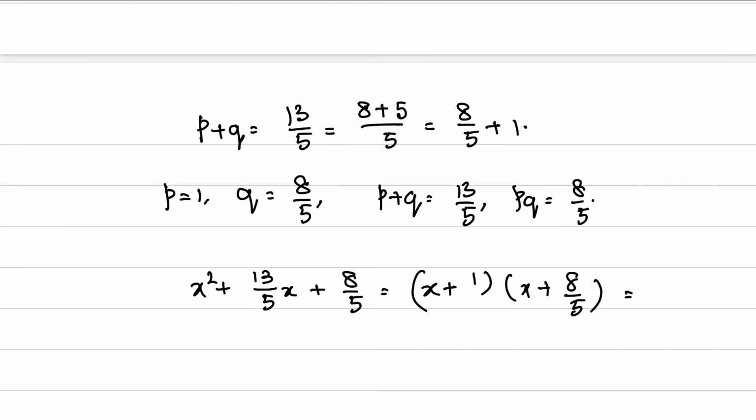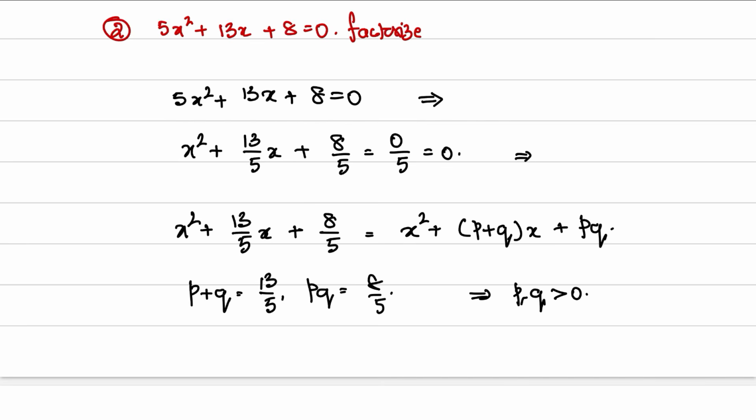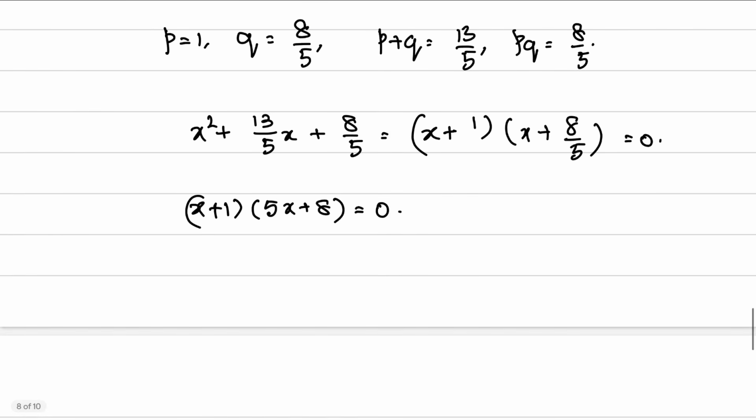If it is equal to 0, then the above can be written as x plus 1 into 5x plus 8 is equal to 0. This is the answer if you expand.